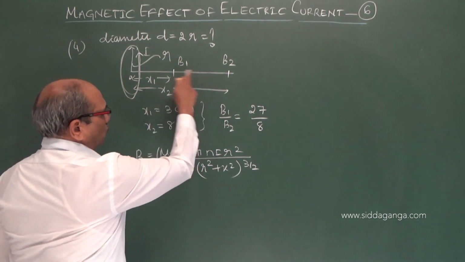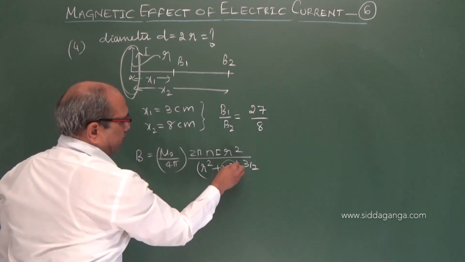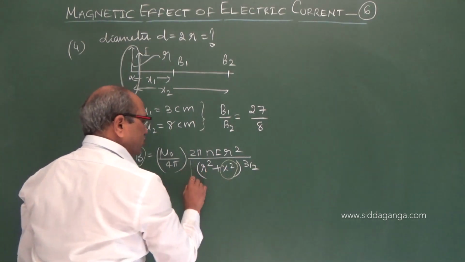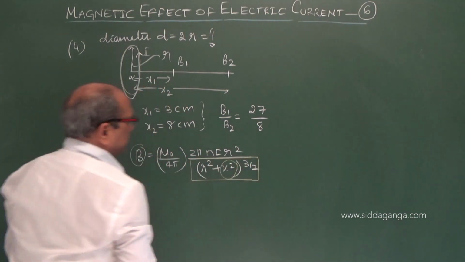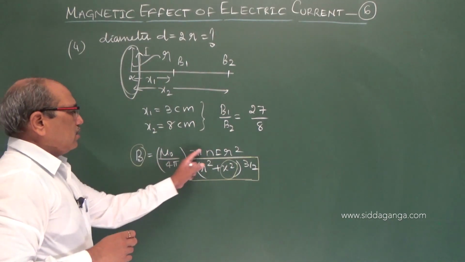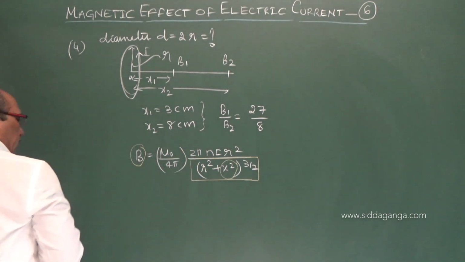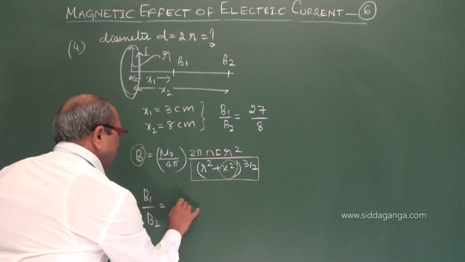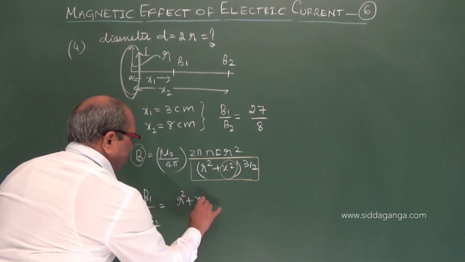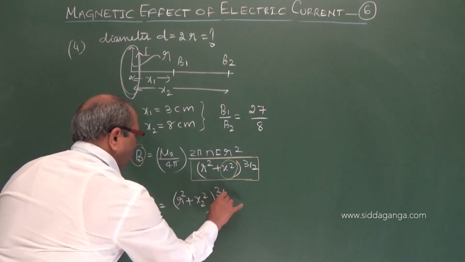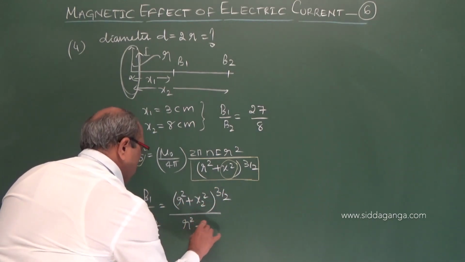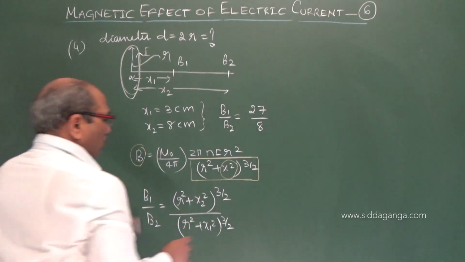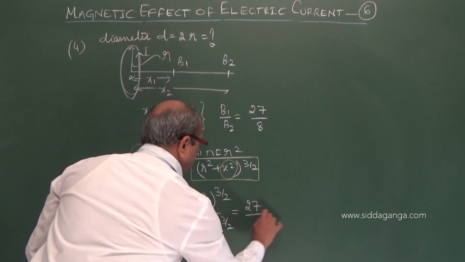When I go for the 2 different points, this term is variable with b, all others are constant. Therefore, I can directly take the ratio B1 by B2 as an inverse relation: r square plus x2 square to the power of 3 by 2 upon r square plus x1 square to the power of 3 by 2, which is nothing but 27 by 8 as given.